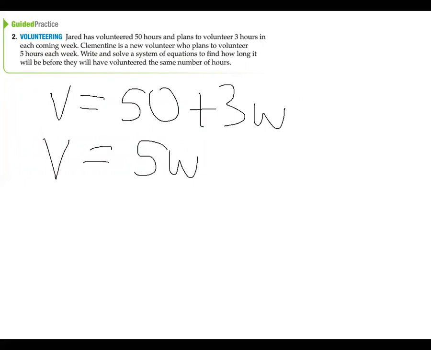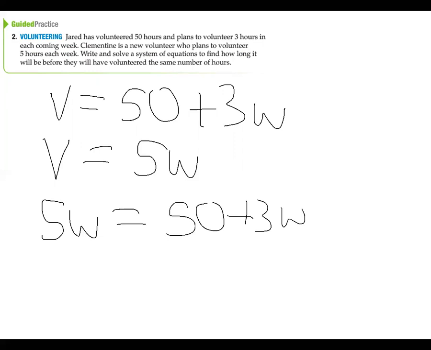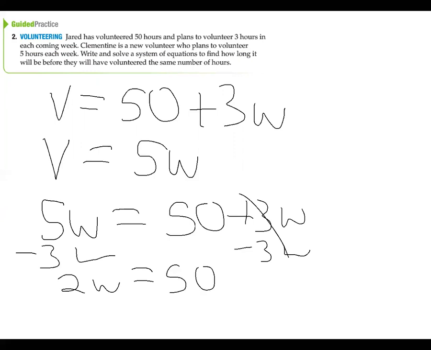Okay, so notice they're both solved for V, so I can substitute the 5W in for V in the other equation and get 5W equals 50 plus 3W, and then solve for W. Well, here I'd have to subtract 3W to the other side. And you get 2W equals 50. Divide both sides by 2, and you get W equals 25.